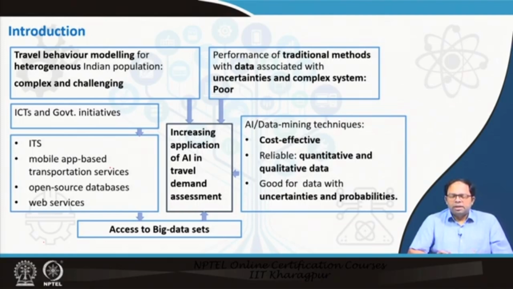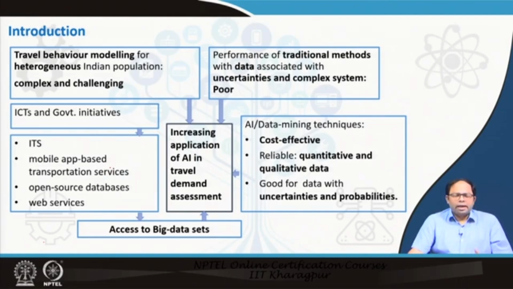It is reliable, it is good for both quantitative and qualitative data, and it is also good for data with uncertainties and probabilities. These are the reasons why AI is increasingly being used in many of the models being developed, and many of these processes are being represented using AI algorithms.